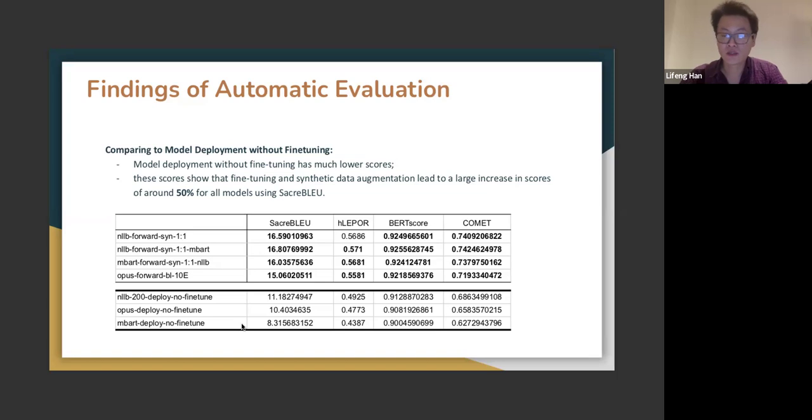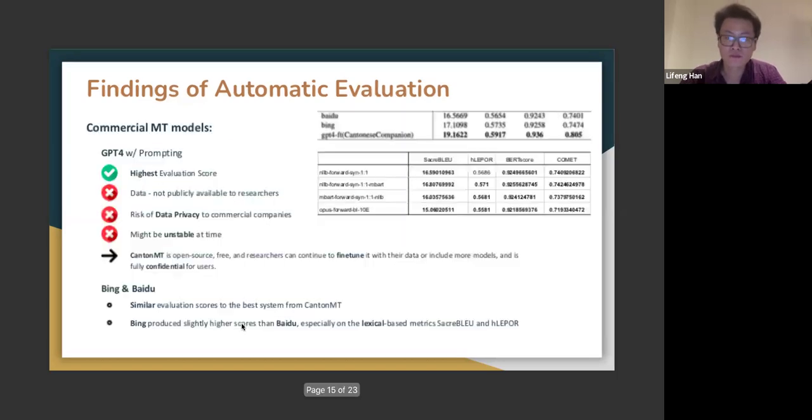That means our fine-tuning was successful. Regarding the GPT-4 fine-tuned Cantonese Companion, it reached the highest score in our comparison, which is good news. However, we do not know the transparency of this fine-tuning and the dataset used.